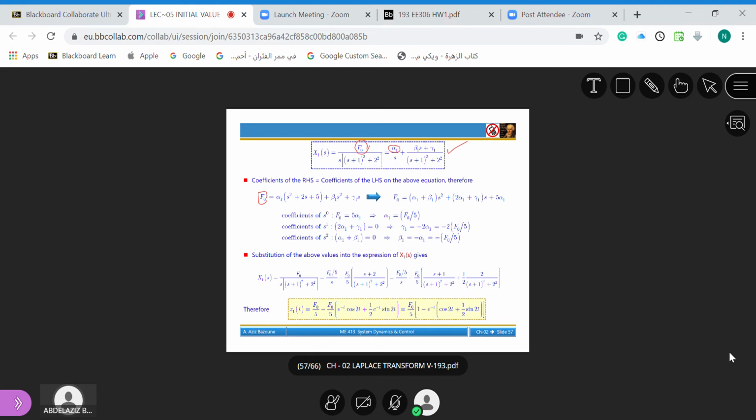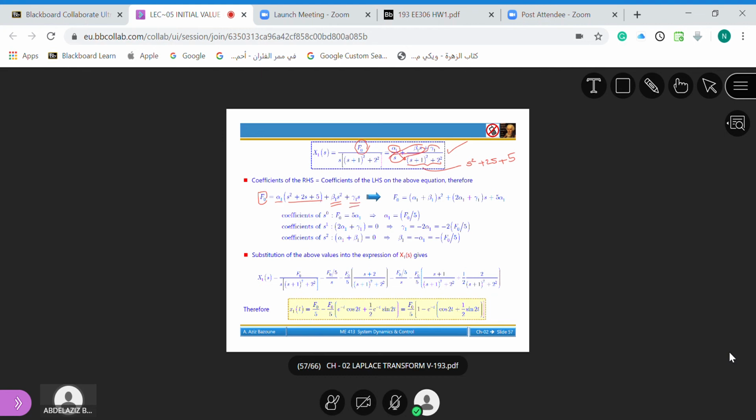Multiply by this term. This term we found it to be simply s squared plus 2s plus 5. So it is here alpha 1 times s squared plus 2s plus 5 plus, and then beta 1 s times s, which is beta 1 s squared, and then gamma 1 times s.